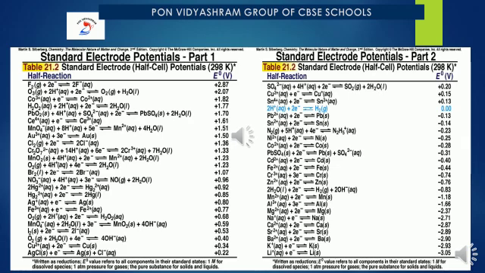Now, electrodes with a positive value are for reduction, while those with a negative value are for oxidation. At the cathode, the species with high SRP will be reduced. Metal can donate electrons to attain stability, so for an active metal the E naught value will be very low.